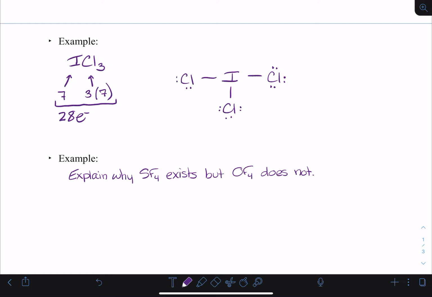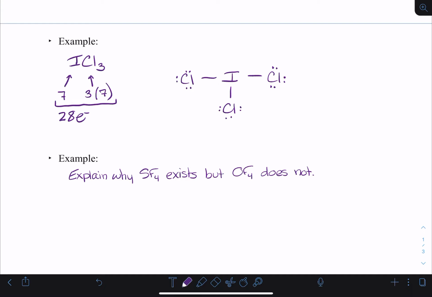And then fill up our valence shells first, of our peripheral atoms first, sorry. So at this point, we have 2, 4, 6, 8, 10, 12, 14, 16, 18, 20, 22, 24. So we have placed 24 electrons out of the 28 that we need.